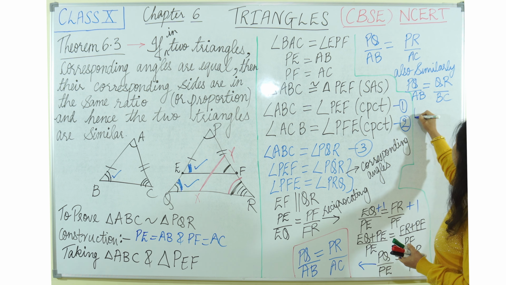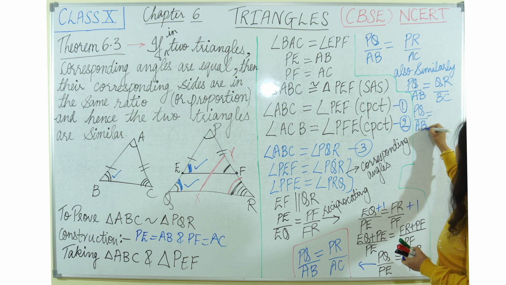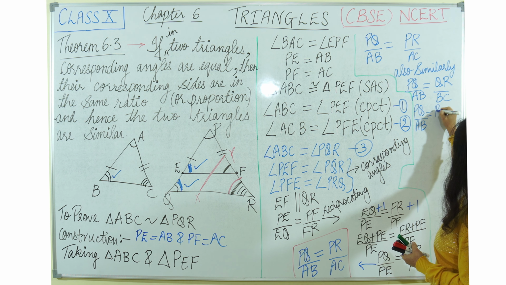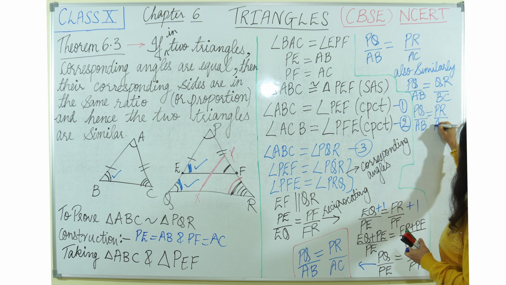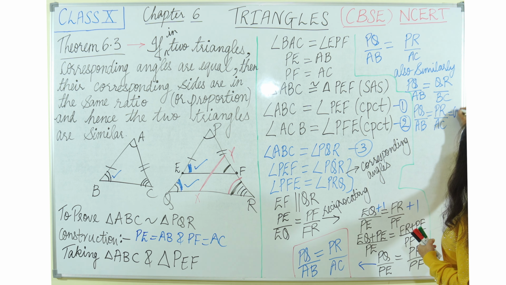So PQ upon AB is equal to PR upon AC is equal to QR upon BC.